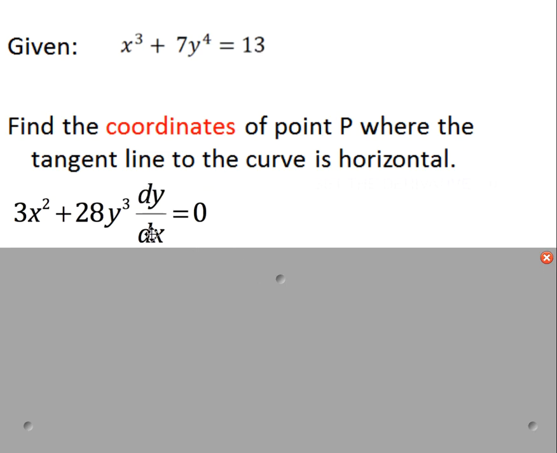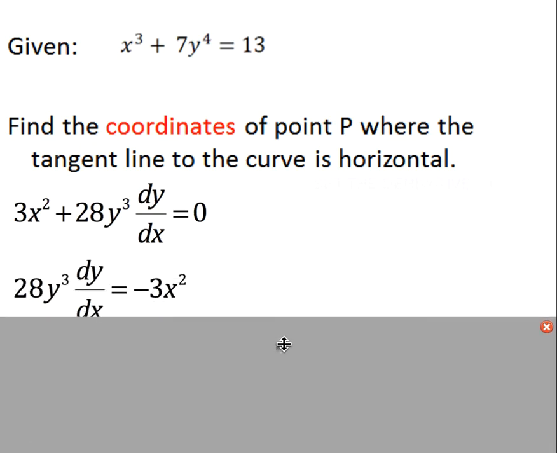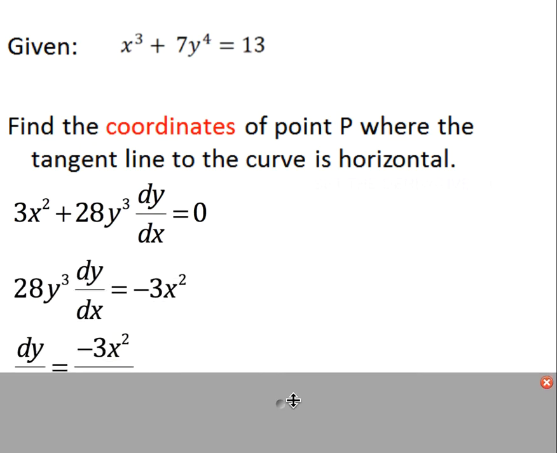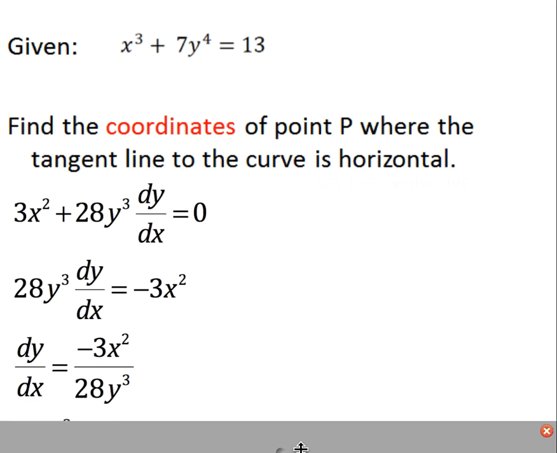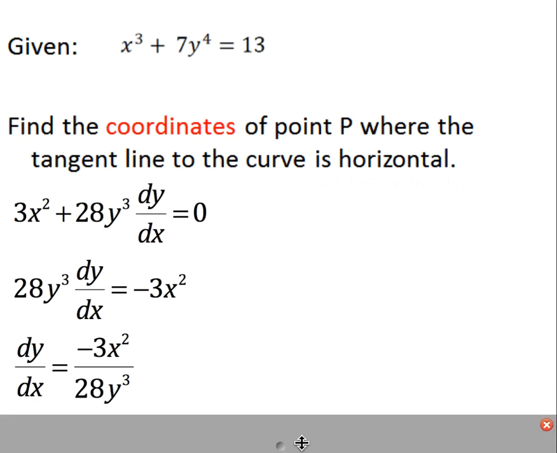So we're going to get the dy/dx isolated. We'll subtract 3x squared and then ultimately divide by 28y cubed. Okay?